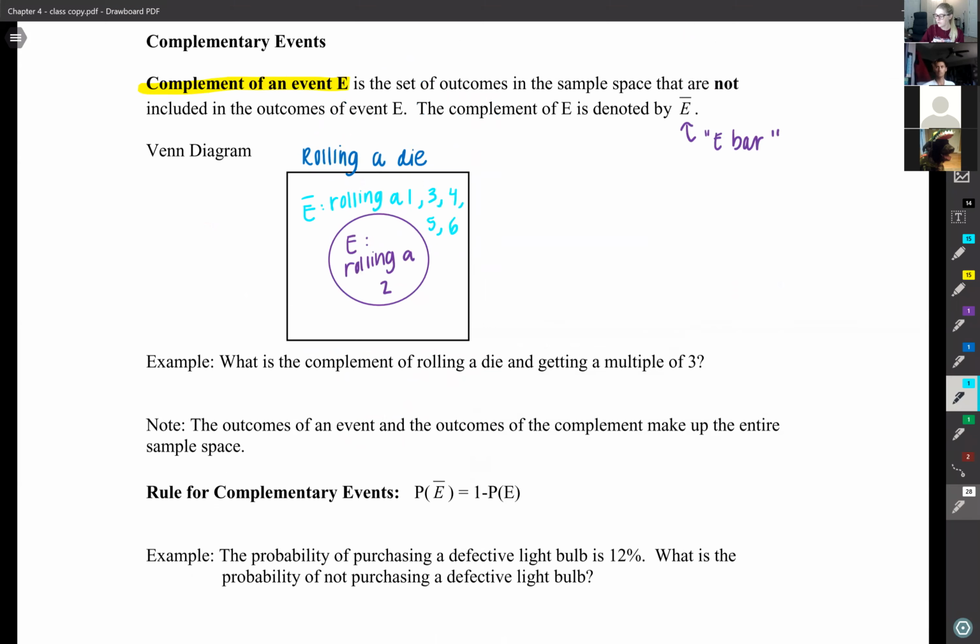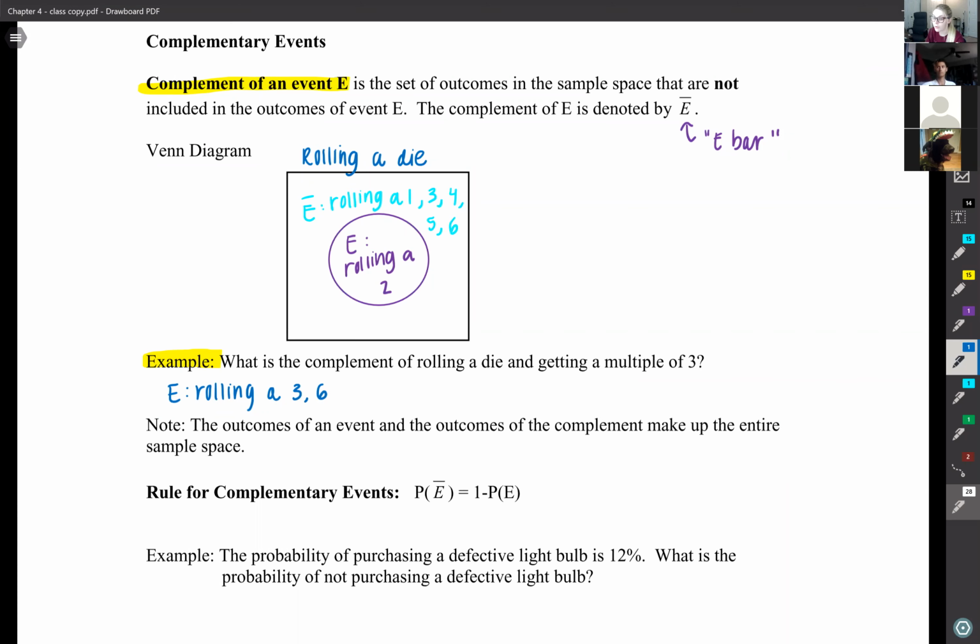So right here, what is the complement of rolling a die and getting a multiple of 3? Getting a multiple of 3 would mean that we either roll a 3 or a 6. So my event E, which is rolling a multiple of 3, would be rolling a 3 or a 6.